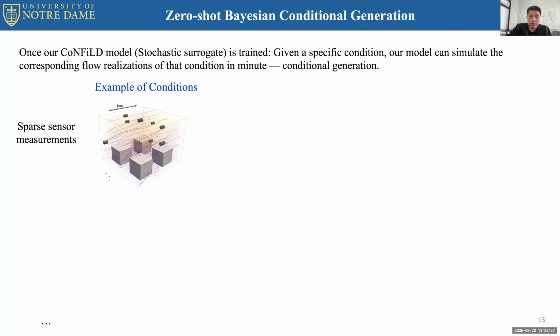And another thing we want to mention is that our CoNFiLD also features conditional generation. This is a big advantage because you can use a specific condition and put it into the model. Our CoNFiLD can simulate the corresponding flow realizations that satisfy this condition.